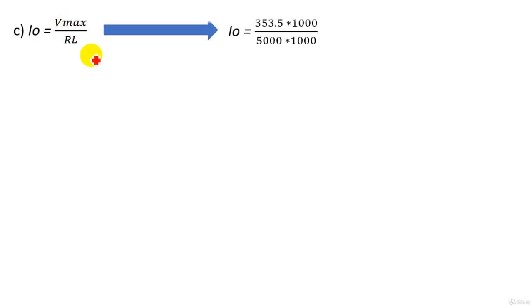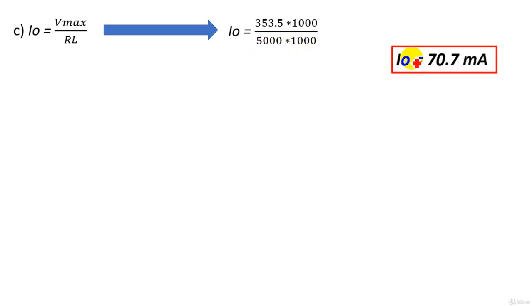Then we should obtain the nominal output current. We can deduce the equation of the nominal output current: nominal output current equals maximum voltage over R_L. So the maximum voltage here is 353.5 kilovolt over the load resistance, or the resistance of the test object, which is 5000 kilo ohm.